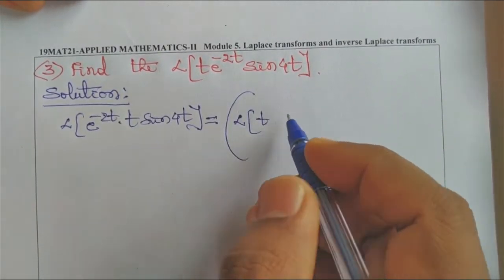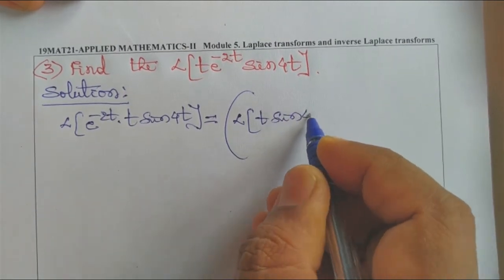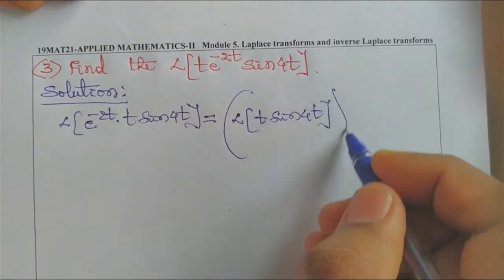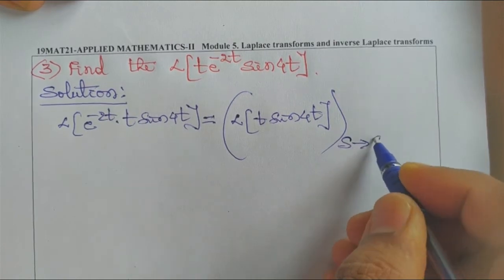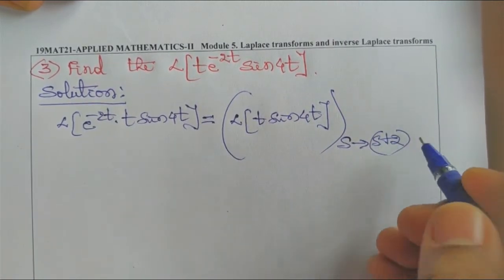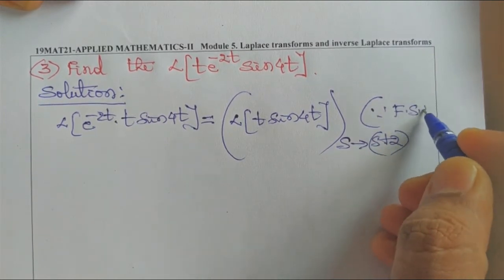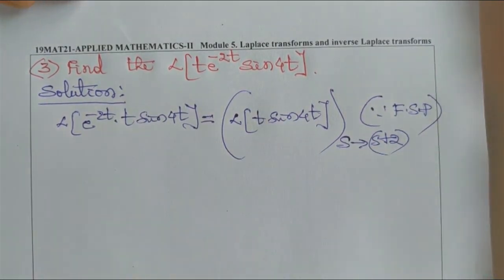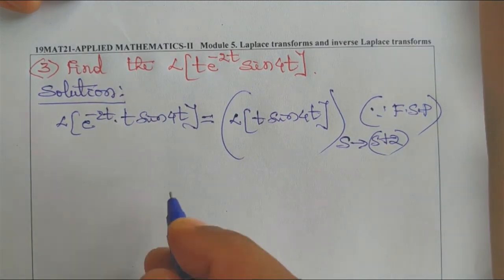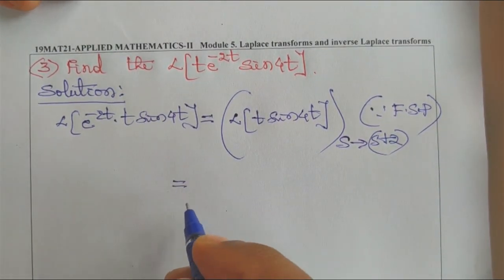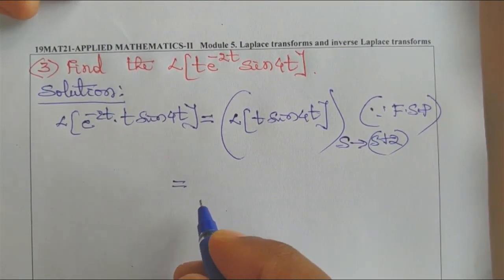Laplace of t into sine 4t, where s tends to s plus 2. This is because of the first shifting property, FSP also we can write. So we should know what is FSP, first shifting property.